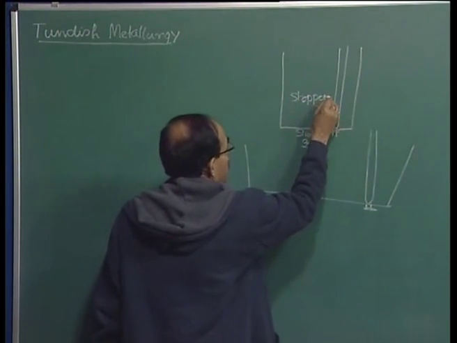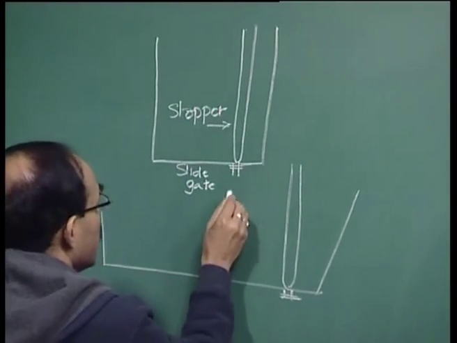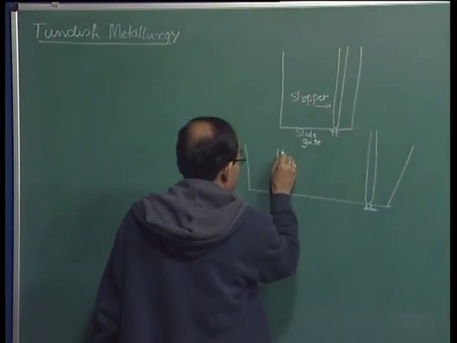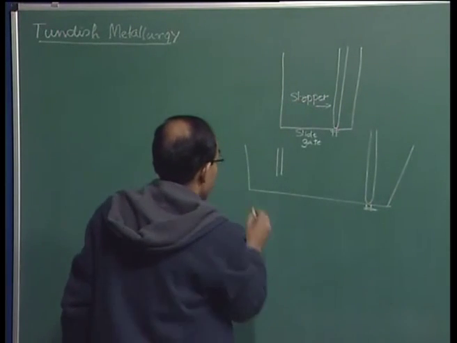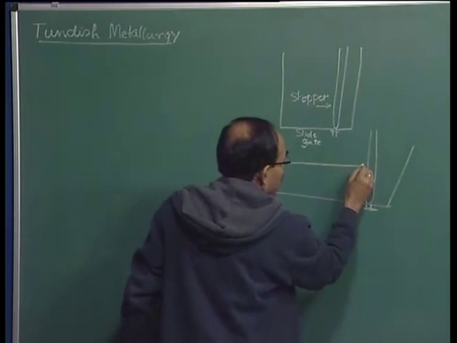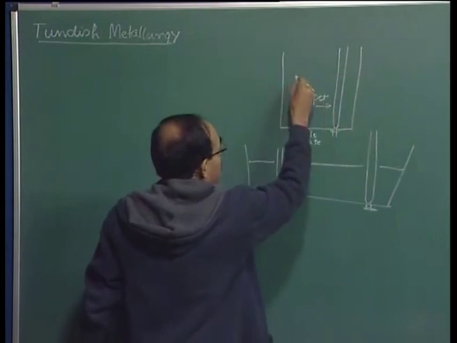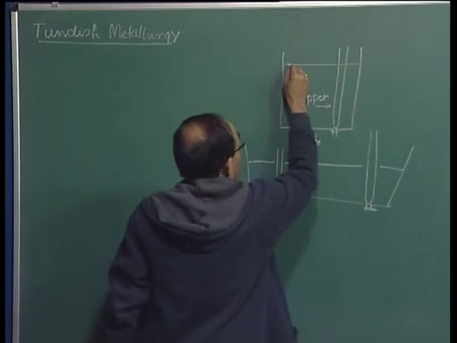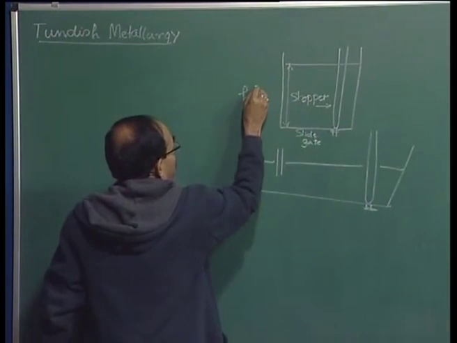So, now the issue is, as I have mentioned, that the material enters here. I should have drawn this ladle somewhere here. The material enters here, and you can imagine that the height of the liquid here is a function of time.